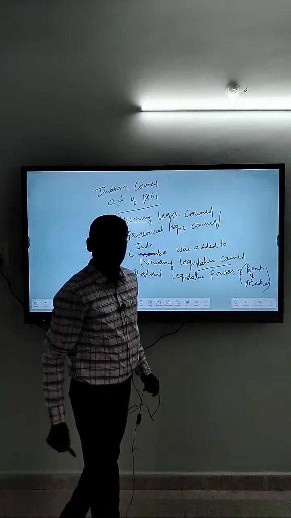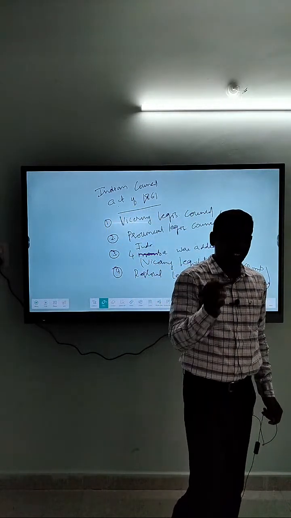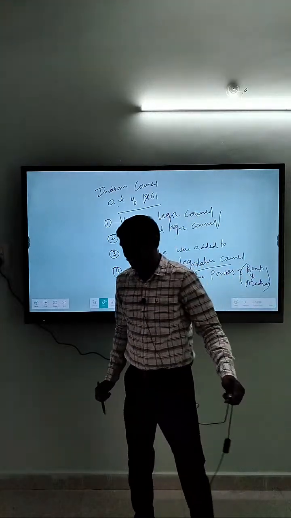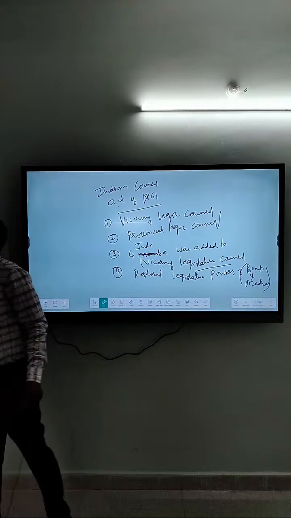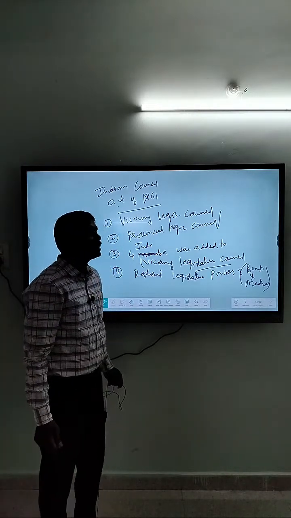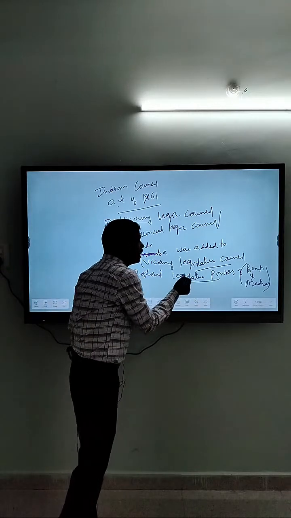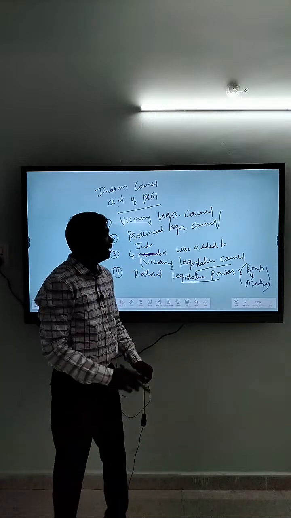Not in 1773. It was in 1833. All right, it was in 1833 that Bombay and Madras lost their legislative powers.